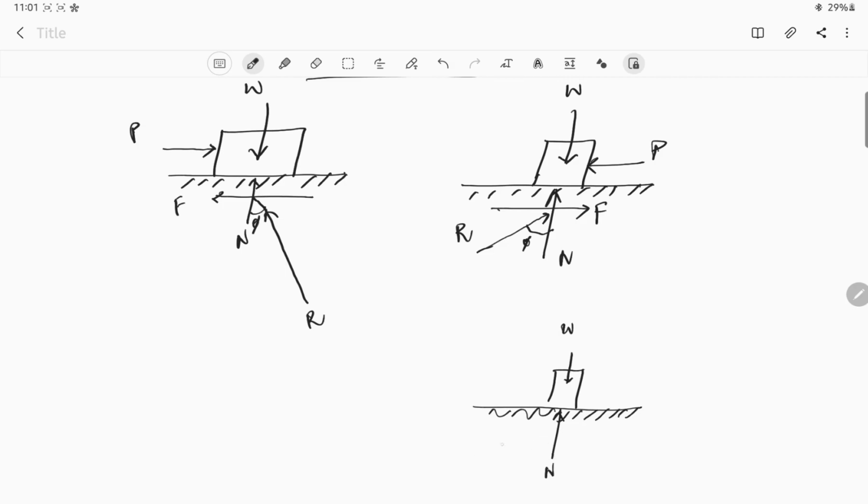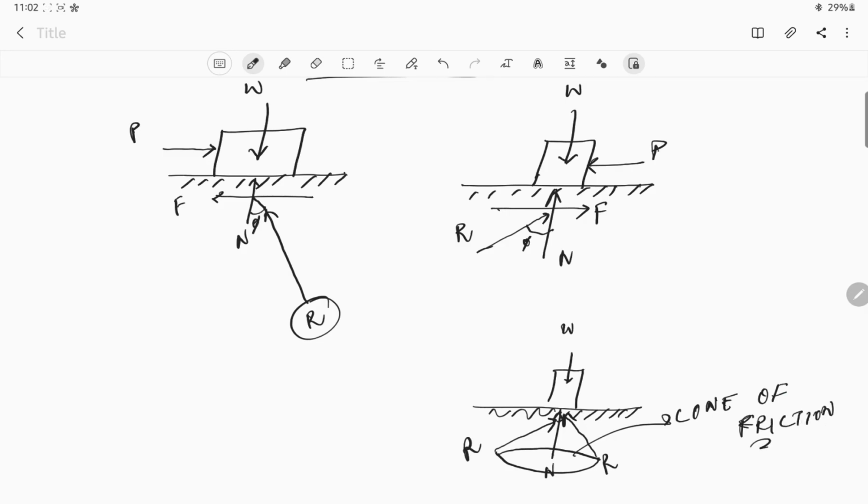One resultant is acting from this direction, this is R, and another resultant is acting in this direction, this one is also R. When you combine these two resultants, you'll get a cone type of structure. This is nothing but your cone of friction.